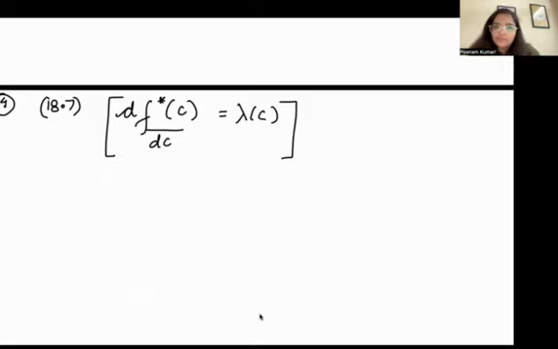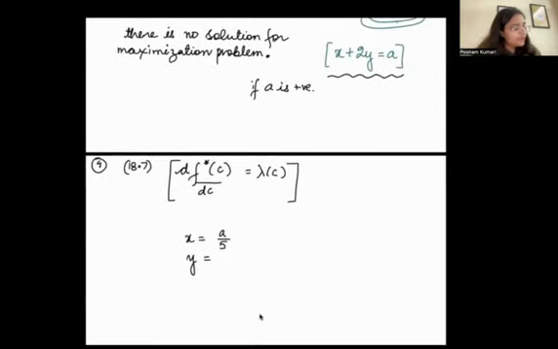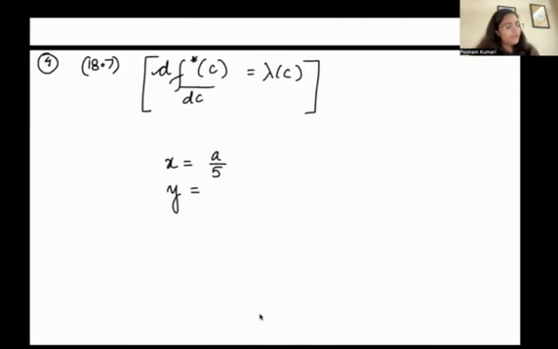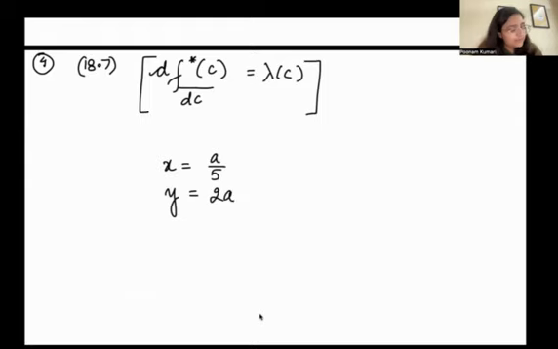Okay. So what was the value of X and the value of Y which we found in my maxima? My X value was a by 5, I guess, and Y was 2a by 5. Yes, a by 5 and 2a by 5. And what was my constraint? My constraint was this.